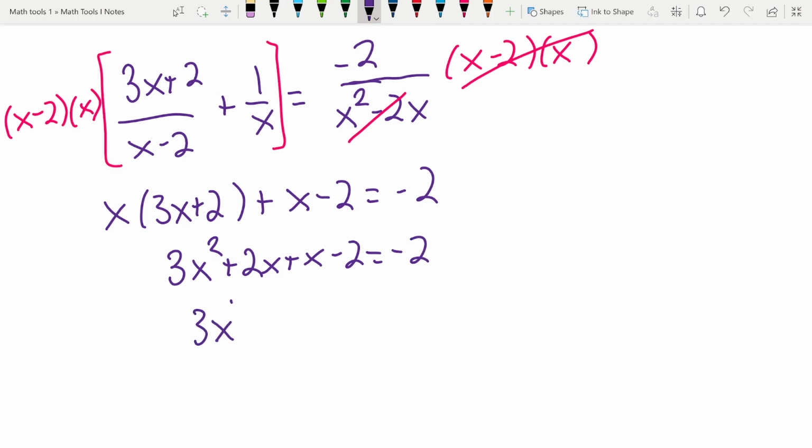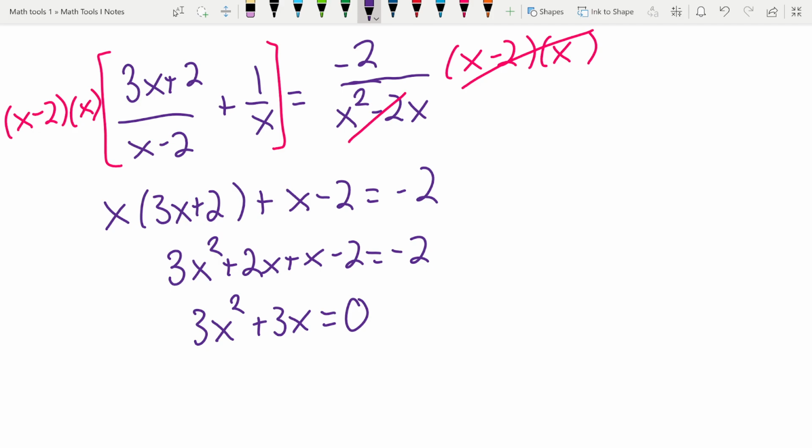So now we're going to have a quadratic here. So we should go ahead and get everything to one side. Actually, the -2 and -2's cancel, so this is just going to be 0. Right, but with the quadratics in general, you want to try to get everything to one side and then factor. Right, otherwise we can't really isolate the x.